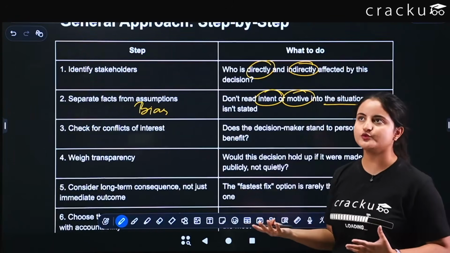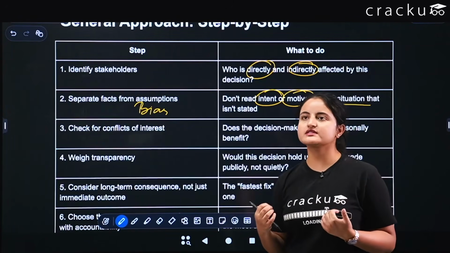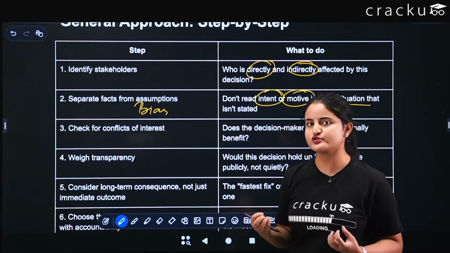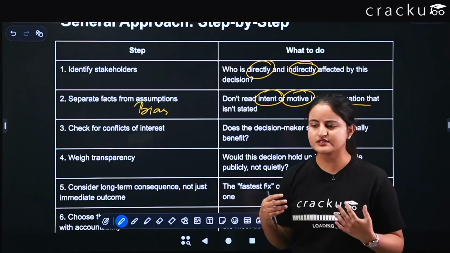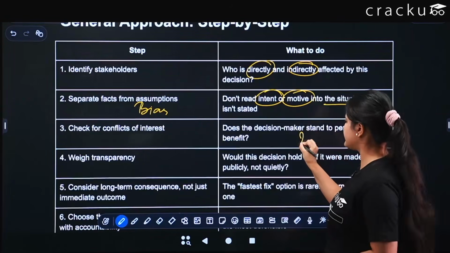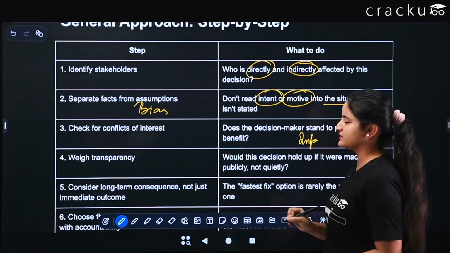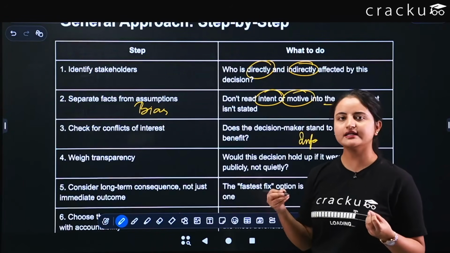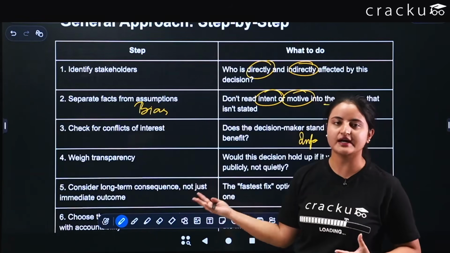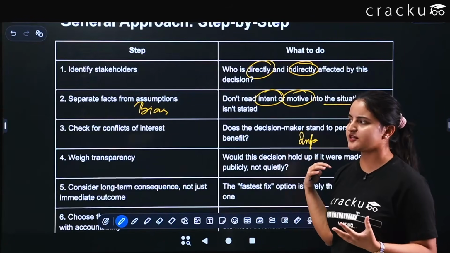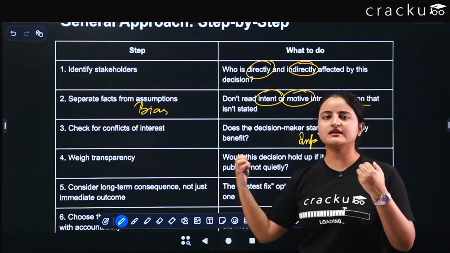Weigh the transparency. Whatever decision you make, please do not go for decisions because you will have certain options which would say, do not disclose this. No, who cares? Because suppose there is a piece of information, okay, and nobody knows it. Only you know it. And in future also, there is a very bleak chance that anyone would find out about that information. And there could be a tendency that why create hassle?